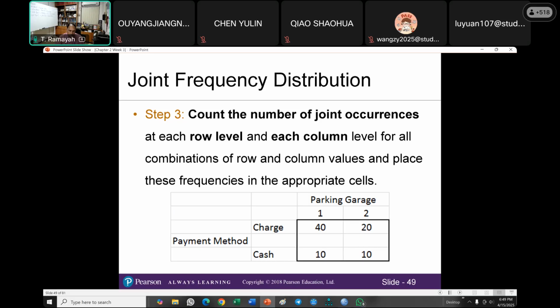So we have 80 cars parking, and now we are dividing the 80 based on this joint distribution to see how many are using charge card and parking in garage number 1, how many using charge card are parking in garage number 2, how many paying by cash parking in garage number 1, and how many paying by cash parking in garage 2. Here we can see clearly that more people are actually paying by charge card rather than cash. So this is what is called a joint frequency distribution.